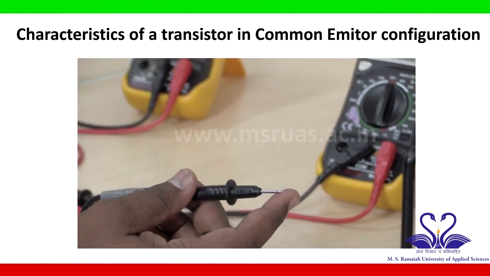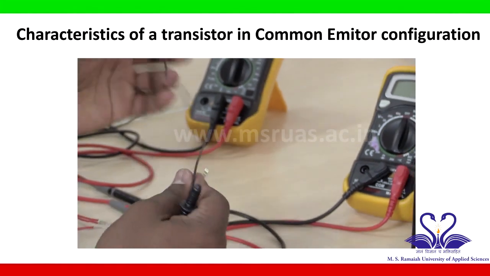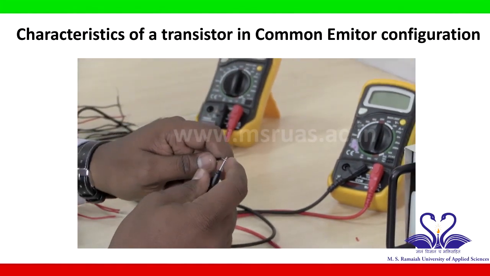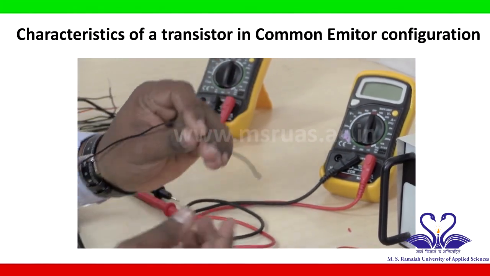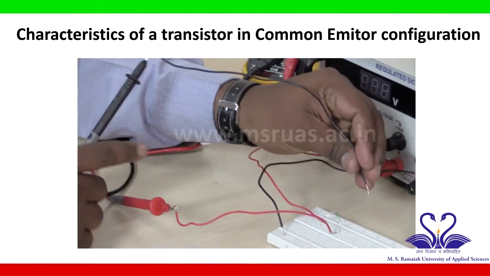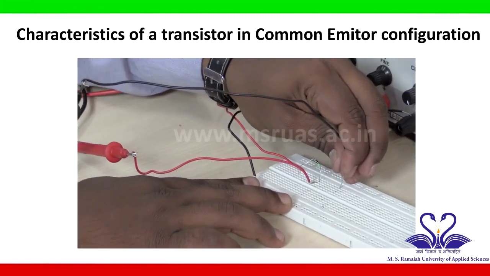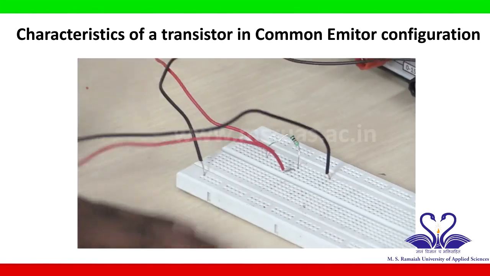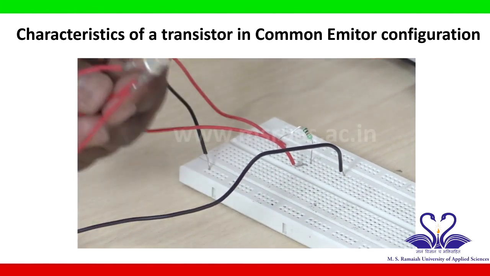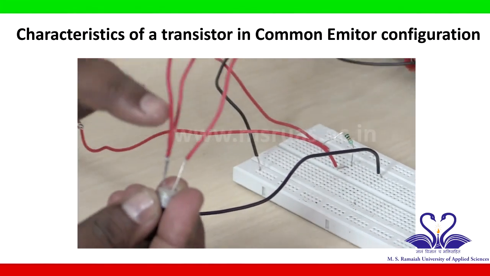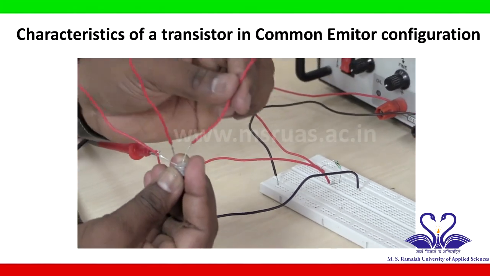And the negative of the ammeter is connected to the base of the transistor. So connect the negative of this ammeter somewhere in the breadboard. This point is connected to the base of the transistor. Take a transistor, and if you see the transistor, here is the emitter, base, collector.